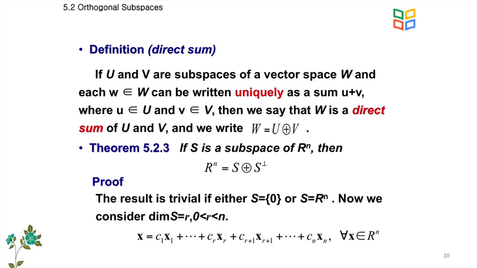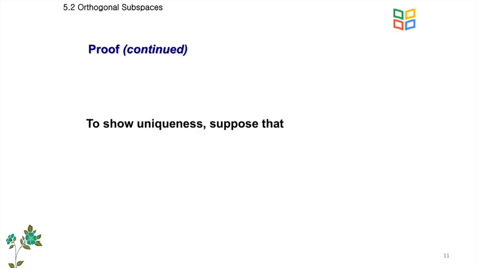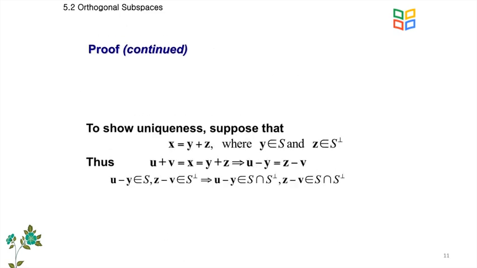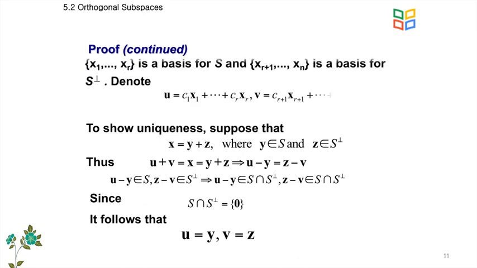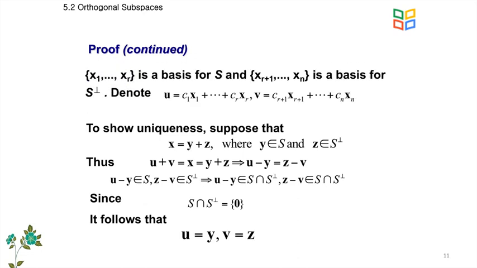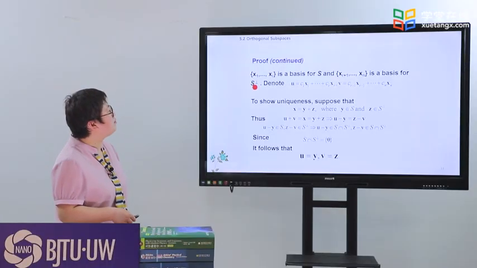Then for any x in R^n, we can write x = c1 x1 + ... + cr xr + c(r+1) x(r+1) + ... + cn xn. To show the uniqueness, we first know that x1, ..., xr is a basis for S, and x(r+1), ..., xn is a basis for S orthogonal complement.